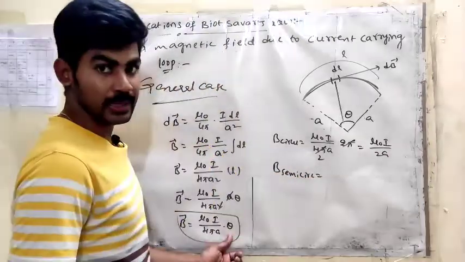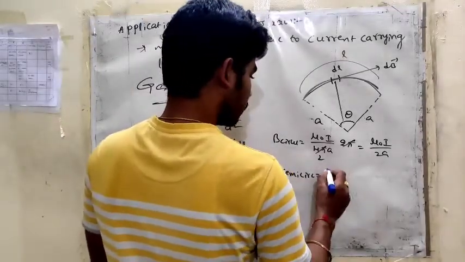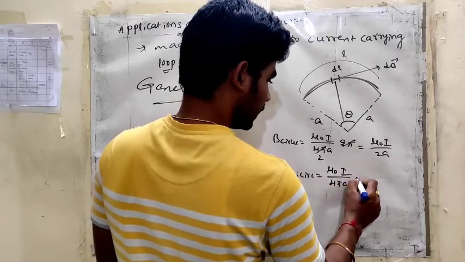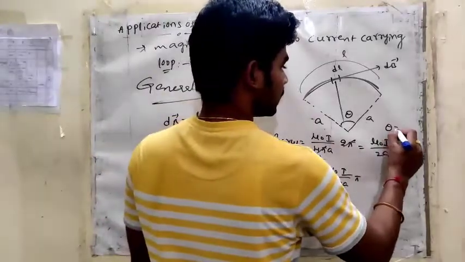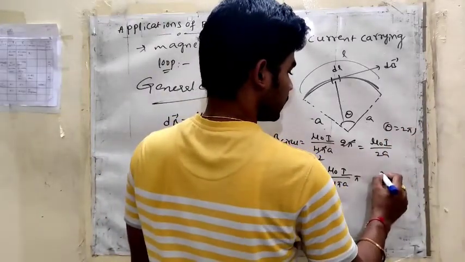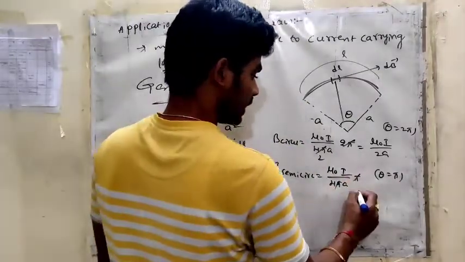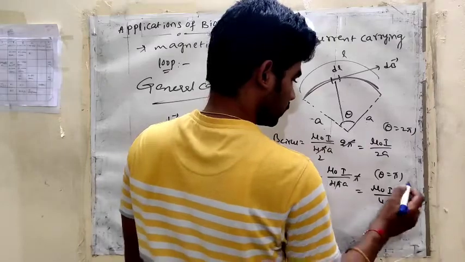Semicircle case: theta is equal to pi only, so mu naught I by 4 pi a into pi. So circle means theta is equal to 2 pi, semicircle means theta is equal to pi. Pi gets cancelled, and here we get mu naught I by 4a.